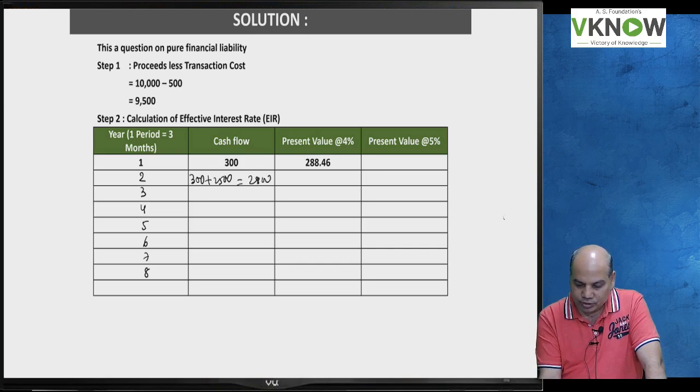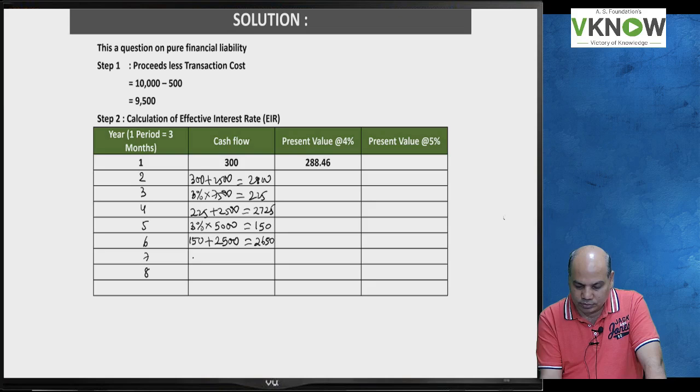2,800. Then the third quarter will be 3% of 7,500, 225. Fourth quarter will be 225 plus 2,500, 2,725. Next quarter will be 3% into 5,000, which is 150, and then 150 plus 2,500, 2,650.